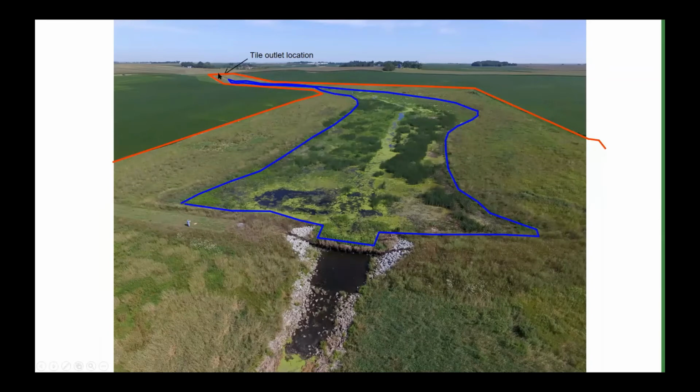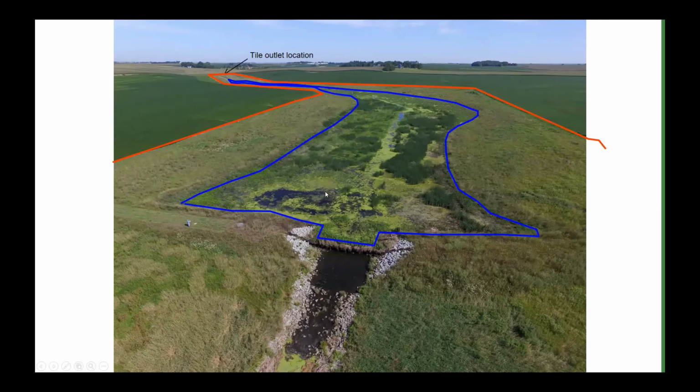But towards the top of the photo is where that tile outlets. So, a significant drainage area. This probably drains at least 1,000 acres. That comes down into here. And then this is our ability to impound that water.